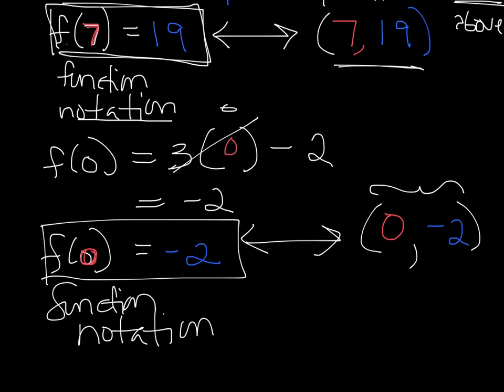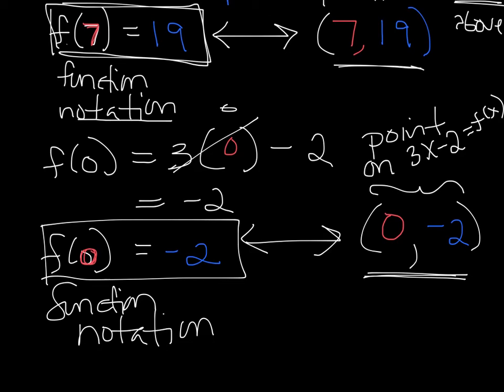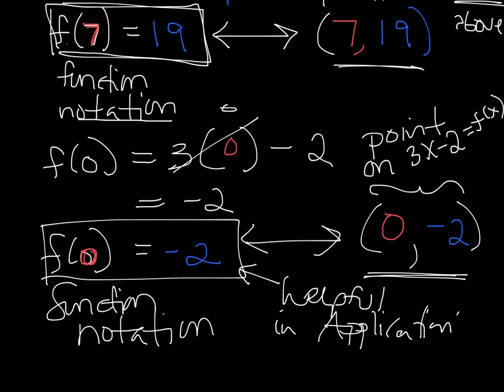And again, this is another point on the line above, 3x minus 2, which is equal to your f of x. Okay, so this is just function notation. It's another way of writing this ordered pair. This will be very helpful in applications. So hopefully that makes sense.